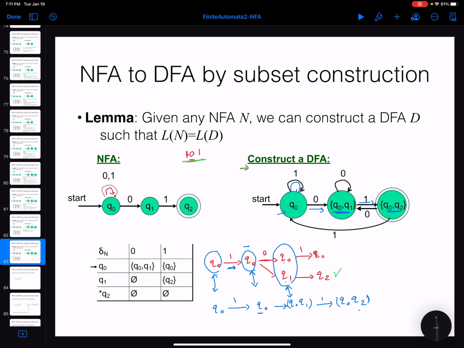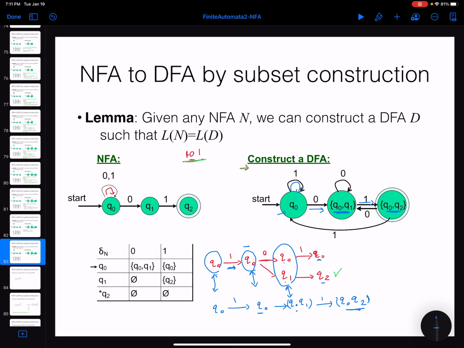And in the corresponding DFA, the state that you are moving to is exactly telling you that you can be either in Q0 or Q1, right? And at the end, you move to either Q0 or Q2 in the NFA, and this is exactly the situation that you end up in your DFA. In the DFA, we represented all the possible situations that you can be in your NFA, and we created one state for each of them.